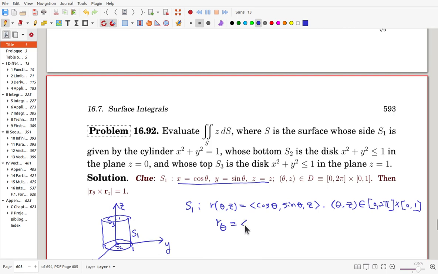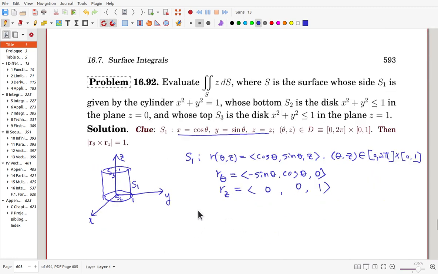r theta is minus sine theta, cosine theta, and z is another independent variable, so 0. Now r sub z is independent of z, so that's 0, 0, and the last one is 1.